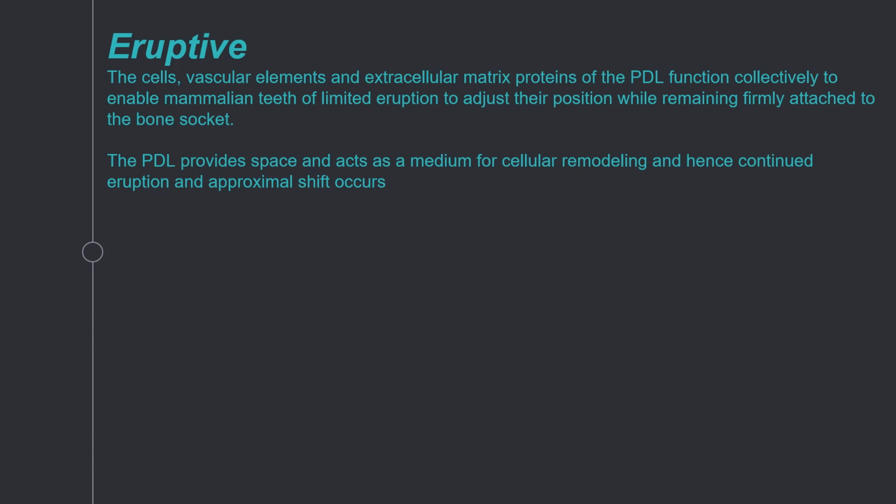All this is actually because of the periodontal ligament space. This is also a function of the periodontal ligament. So the periodontal ligament provides space and it acts as a medium for the modeling, remodeling, and it has got a continued eruption, and a proximal shift keeps happening because of the eruptive function of the periodontal ligament.